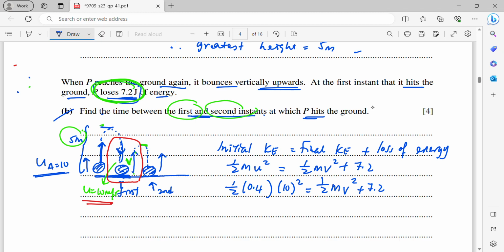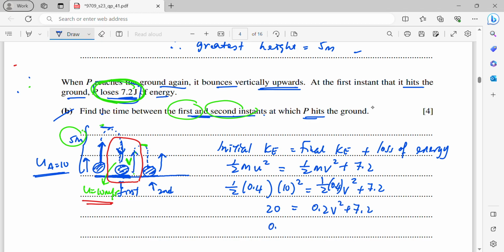Okay, so from this calculation, we need to find the v first. So from here, you will get half m, and I have to replace the m by 0.4. So now from here, I will get 20 for the left hand side. Right hand side is going to be 0.2 v squared plus 7.2.